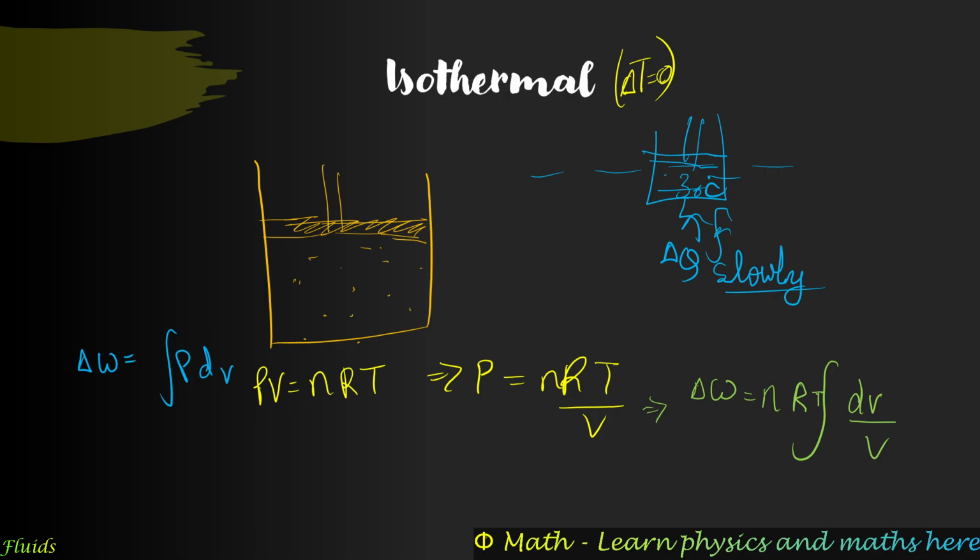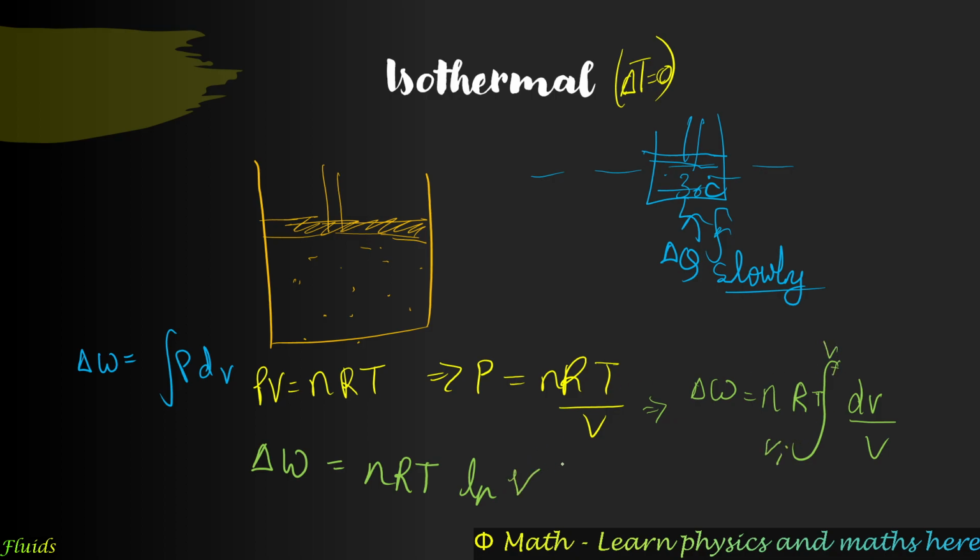The integration of 1 over V, or dV over V, is ln V. This is just basic integration. So from here we can say delta W is equal to nRT times ln V, with limits from V initial to V final.